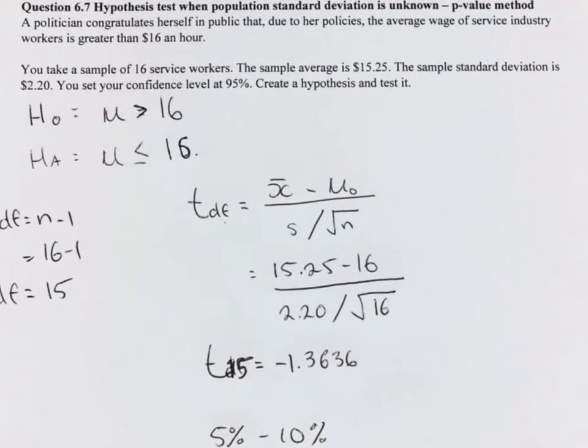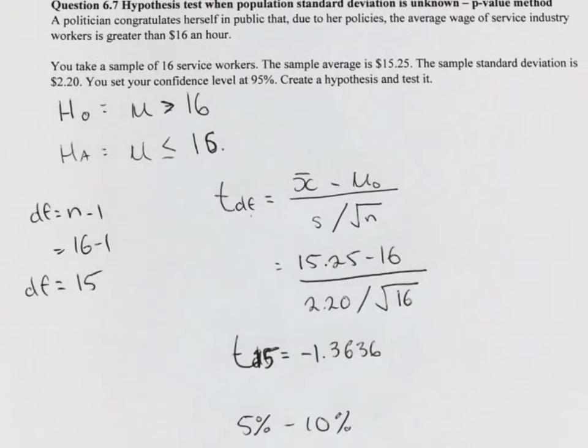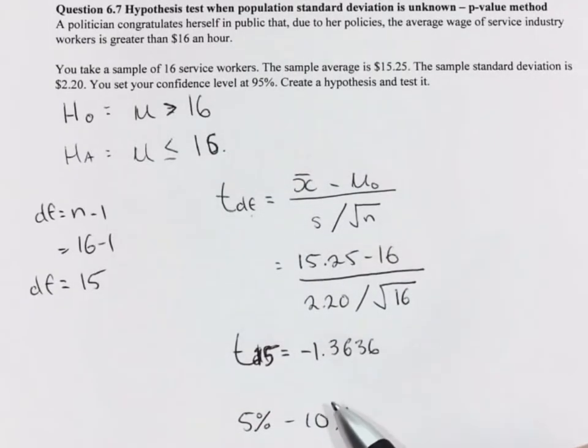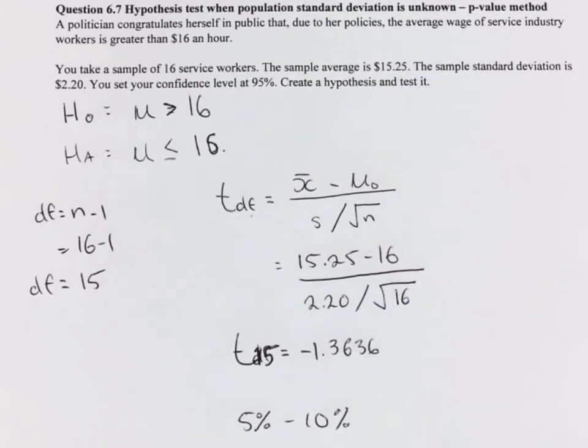So if we were to do this sample 100 times, we can expect that the probability of us getting an average of $15.25 would happen between 5 and 10 times.